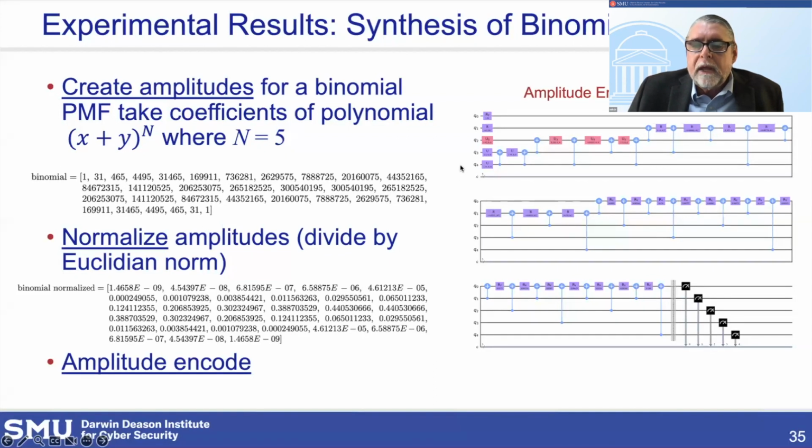And then we also apply optimizations, and you can see the resulting quantum circuit we produce for a 5-qubit binomial probability mass function. And here the measurements: every time you measure, you would receive a randomly generated variate from the binomial distribution.